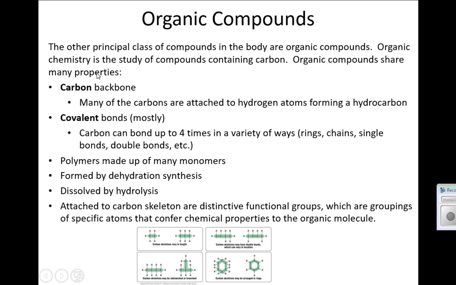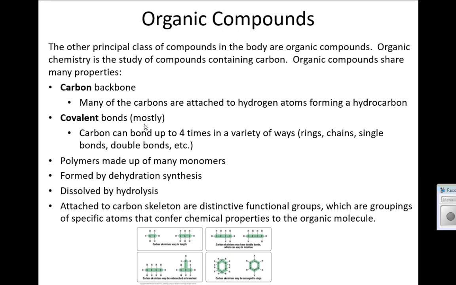Now, the way that we form organic compounds is through covalent bonding, the sharing of electrons. And why carbon is the backbone is because of its diversity in how it can form bonds.